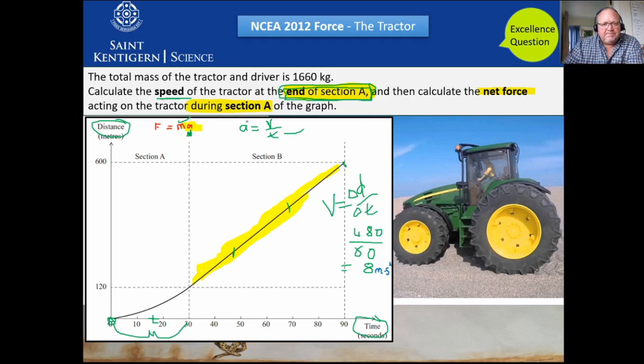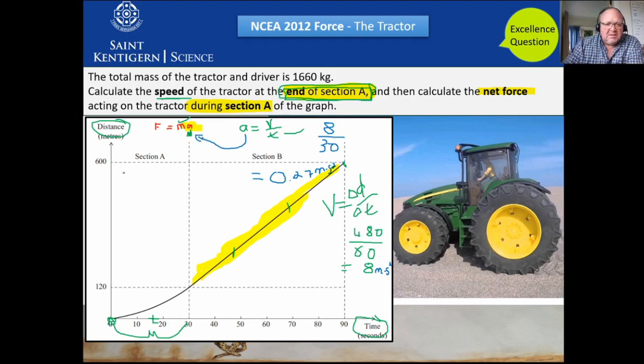Alrighty, so when we look at acceleration, velocity over time, it's going to be 8 divided by the time it took us to get there, which was 30. And that means 8 over 30 is 0.27 meters per second squared.